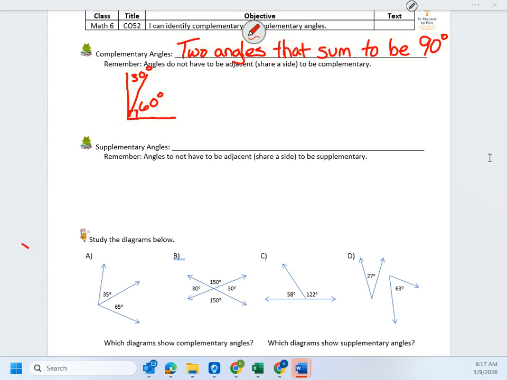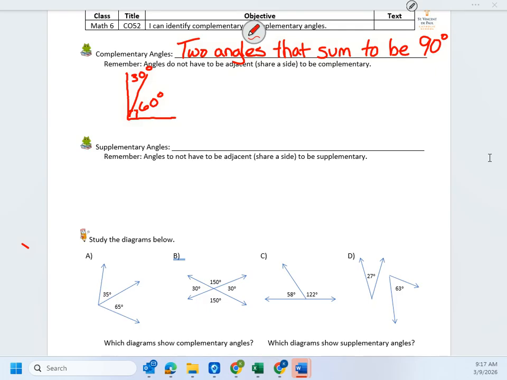So we might see that box saying, yep, 30 plus 60 equals 90, 57 plus 33 would equal 90. It doesn't have to be 30 and 60. As long as the two angle measurements, when we add them together, equal that 90 degrees for that right angle.